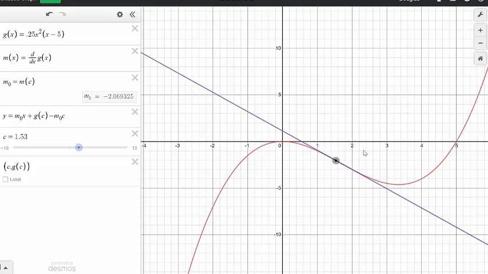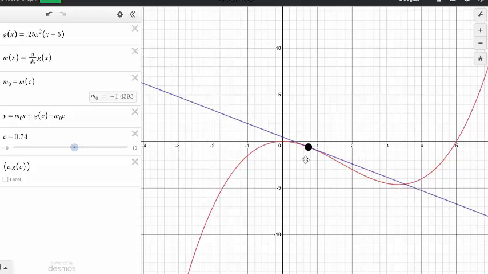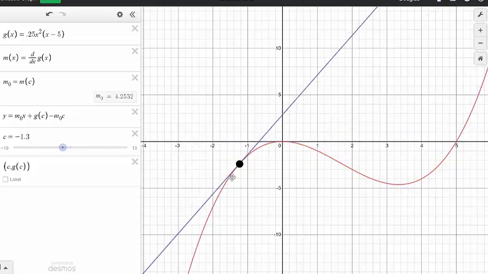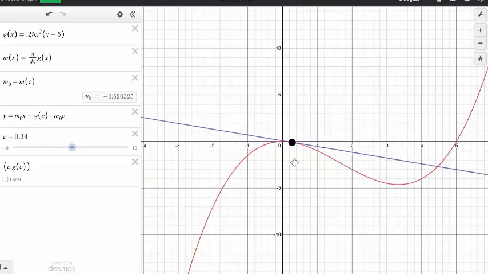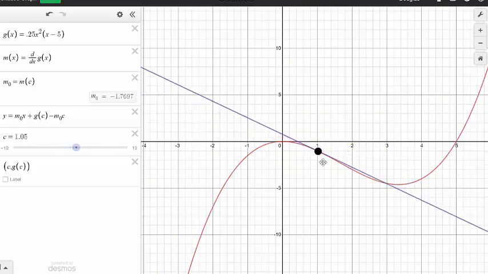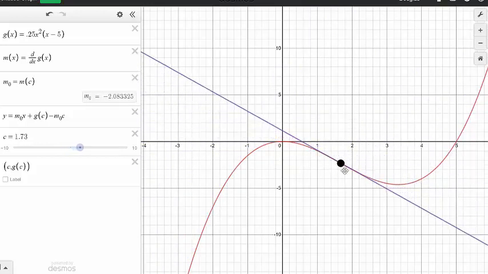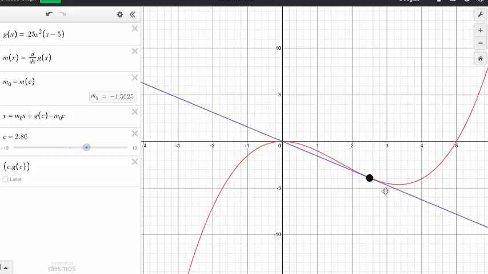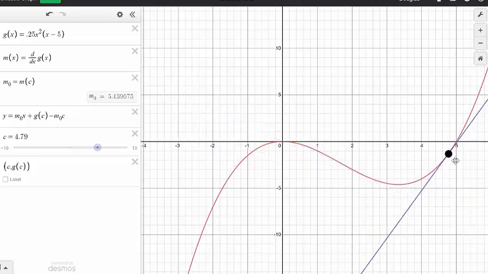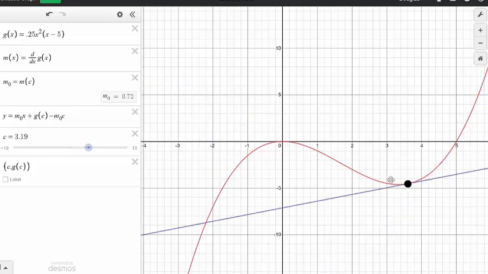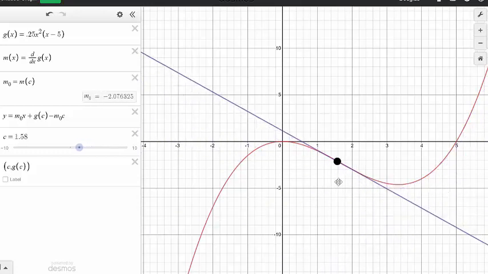If you note that along this interval right here, the function is entirely below the tangent line, and it seems to go along this pattern, still below, until we hit about right here. Then as we travel along, the function becomes concave up. And note that the point where it changes concavity is about right here. That's our inflection point, right here.